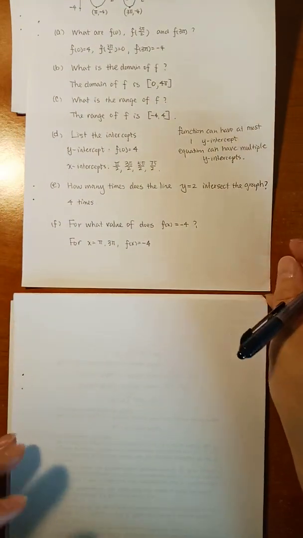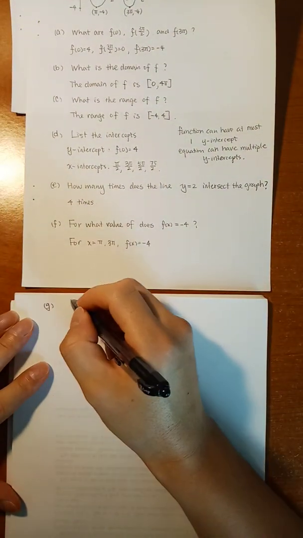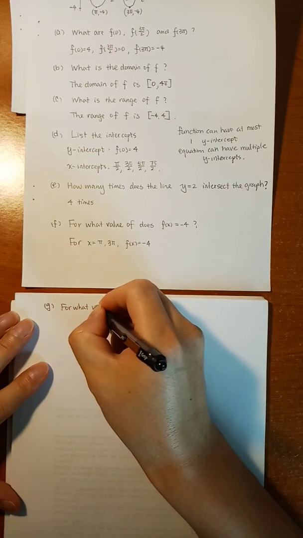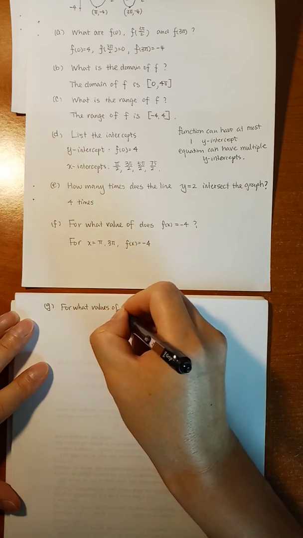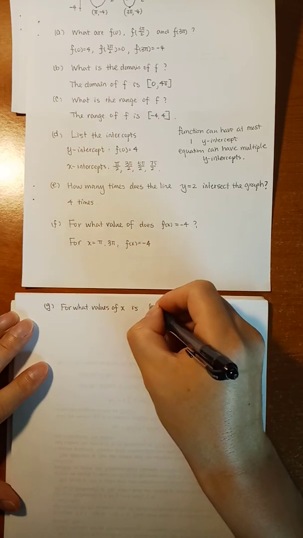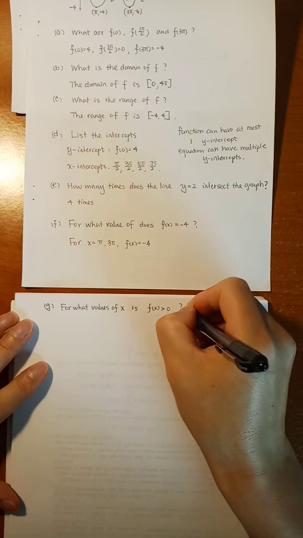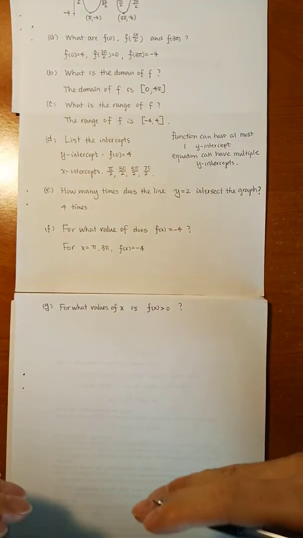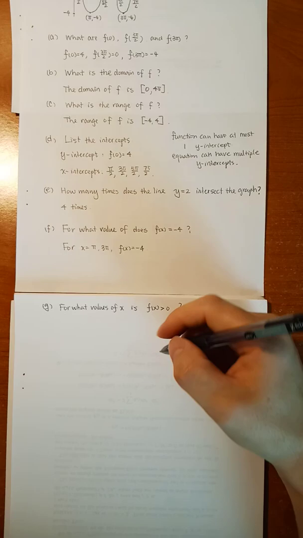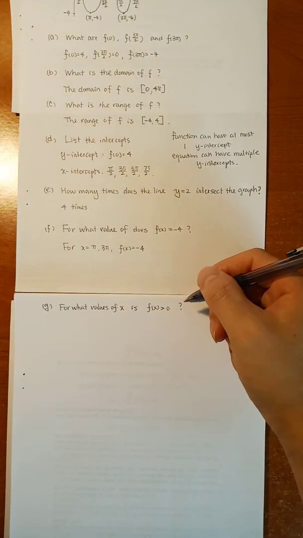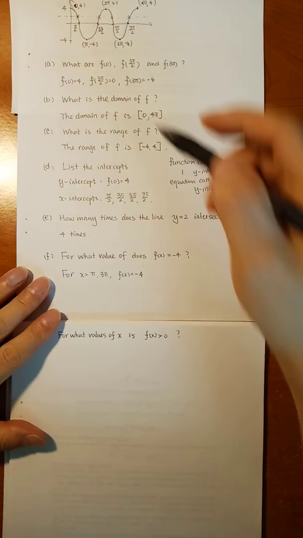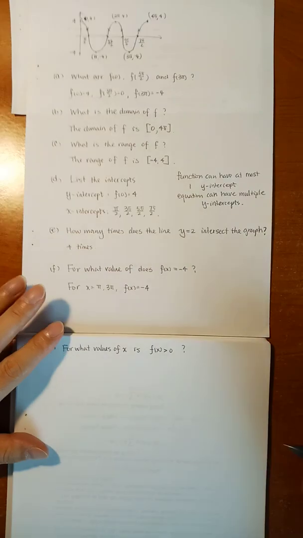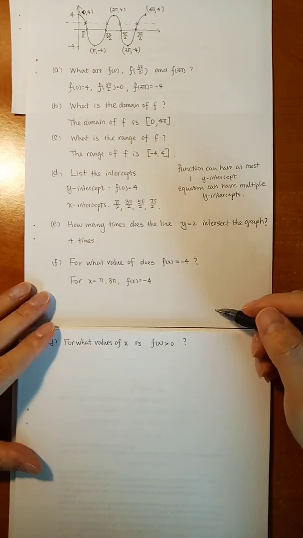The final thing, G. For what values of x is f(x) greater than 0? f(x) greater than 0 means the y value is above the x-axis. So you check the graph. The left piece, the middle piece, and the right piece are above the x-axis.